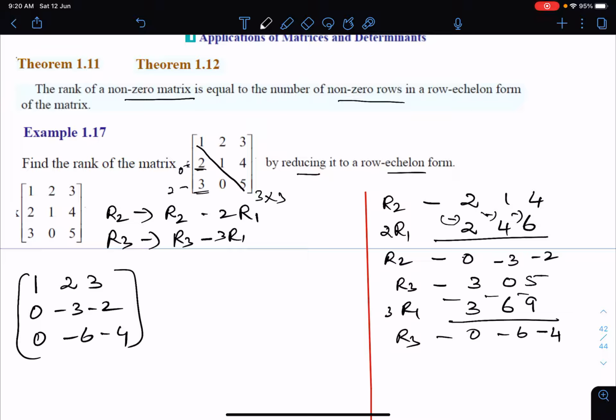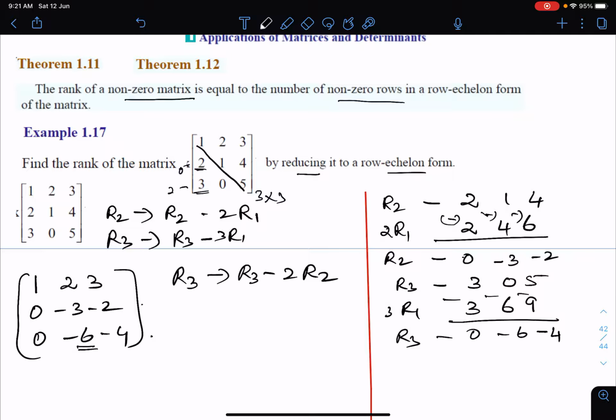And now one more element, the minus 6, you are going to make 0. This is in row 3, so you are going to take row 2 and row 3. Our row 3 is going to be changed as row 3 minus 2 row 2.